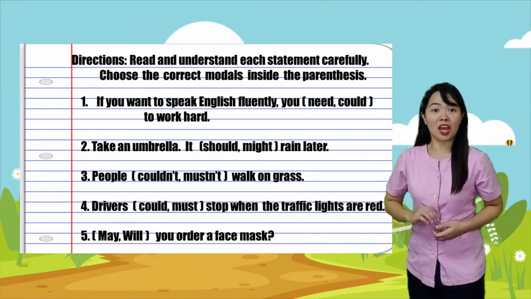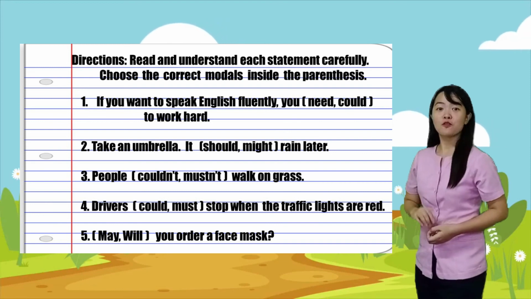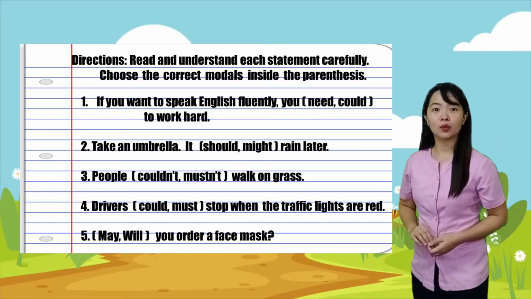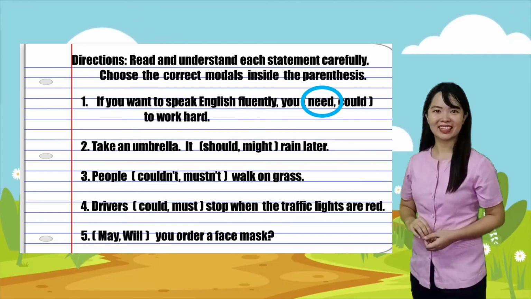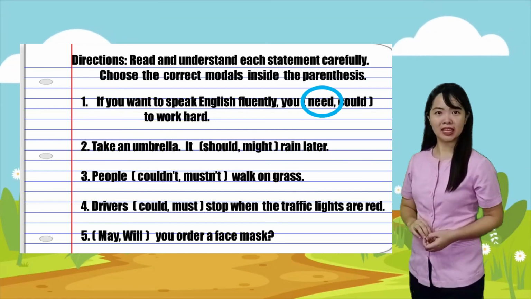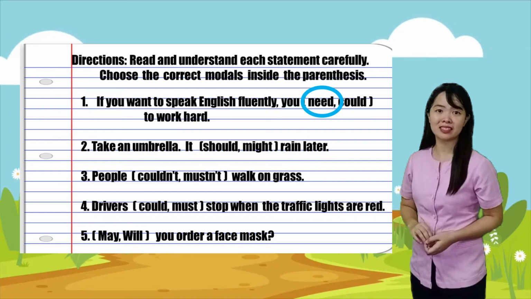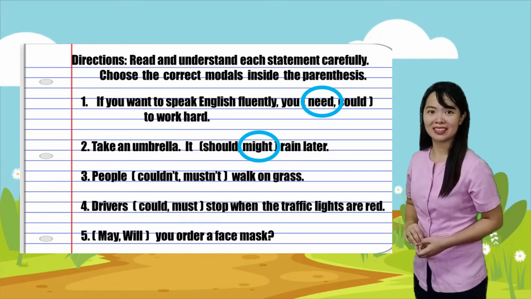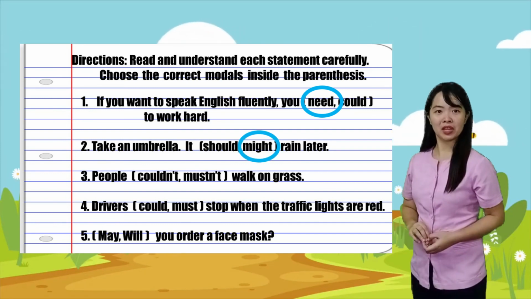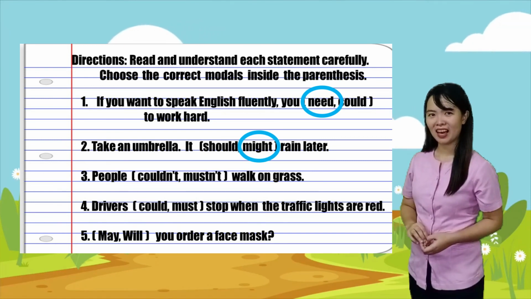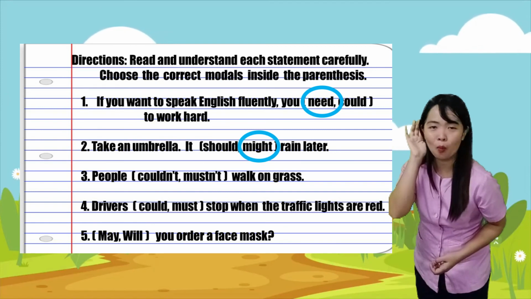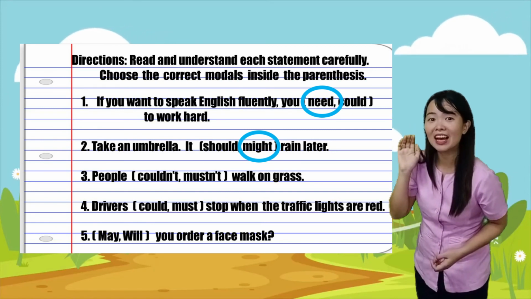Now let us check your answers. For item 1, the correct answer is need. For item 2, the correct answer is might. Number 3, the correct answer is... I can't hear you. What is the correct answer? Very good.